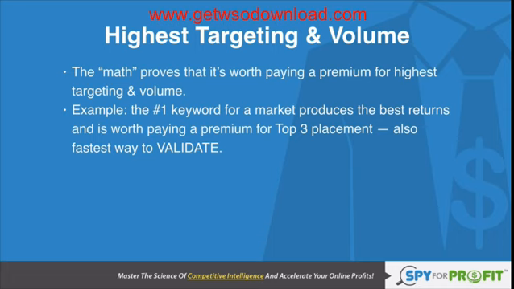Maybe that's the one keyword that, when someone's selling an ebook or a video course on how to train your dog, produces the highest percentage of sales, the highest margin returns. That type of keyword is worth paying a premium for to be in top 3 placement, let's say on Google AdWords, because it gets us the most volume. And it also becomes the fastest way to validate a market.